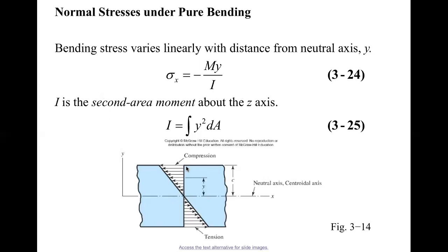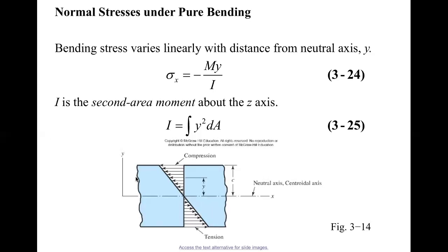On the surface of the beam, y has the maximum value, let's say c. Then sigma x equals Mc over I. So you can see that sigma x varies linearly with the offset distance from the neutral axis. This is a linear distribution. At the neutral axis, stress is 0.